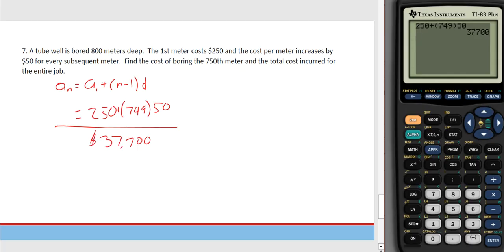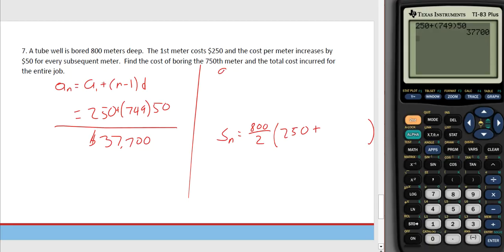The second part asks the cost incurred for the entire job, right? So we need to find the sum of 800 over 2, right? It's 800 meters deep, times the first value plus the last value, but we don't know that last value yet. So I have to calculate it, right?